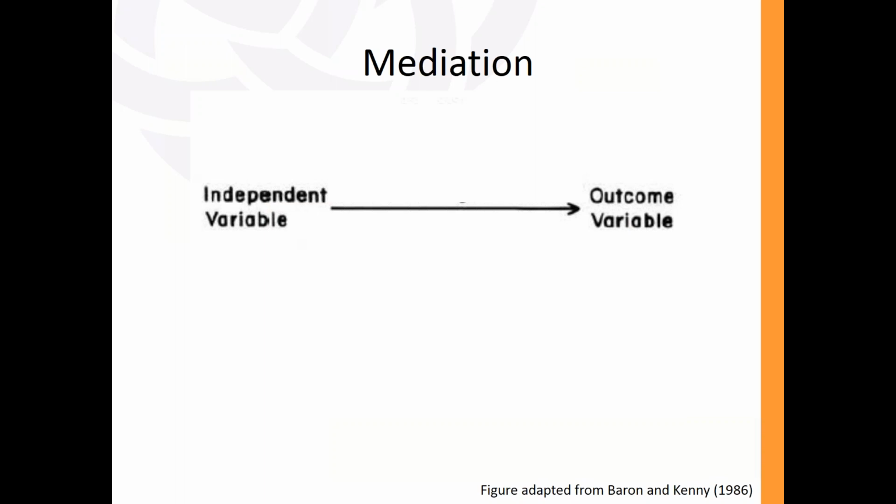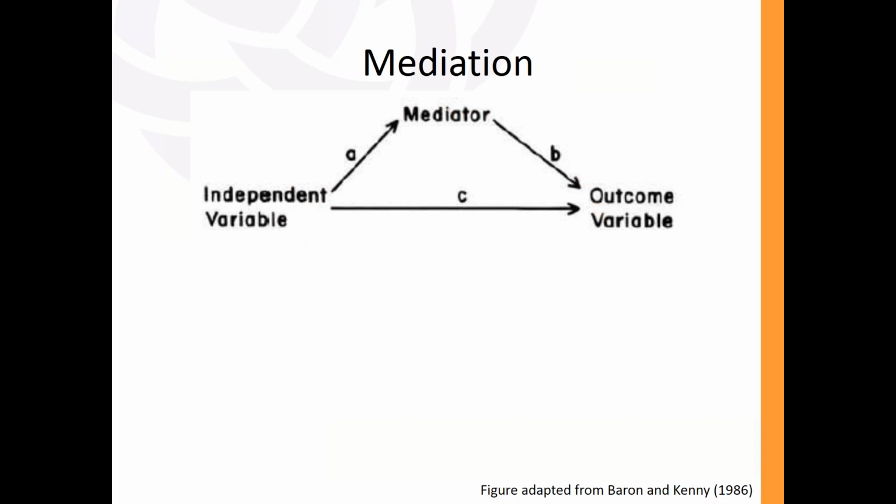And from here, there could be a mediating variable. What is important to note about this is that there are actually two paths that go from the independent variable through a mediator and then into the outcome variable.